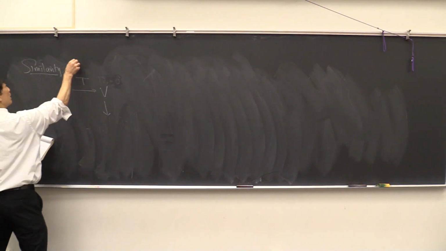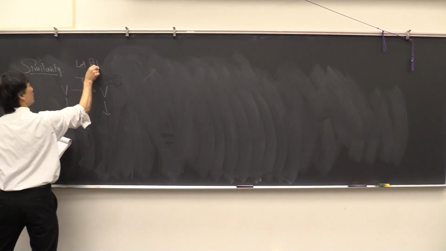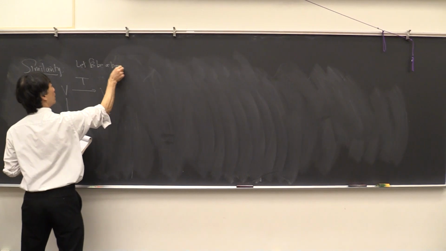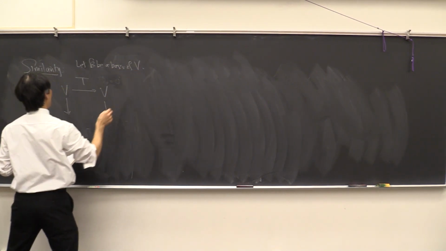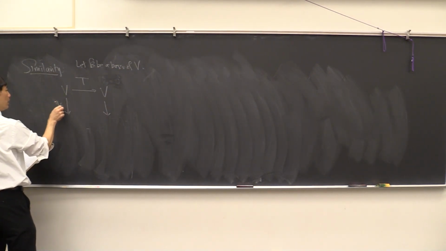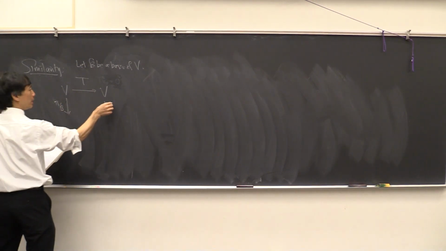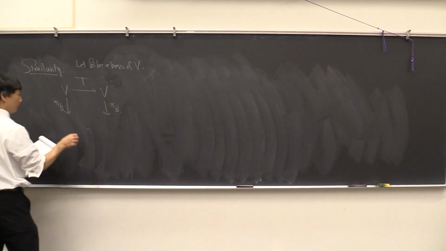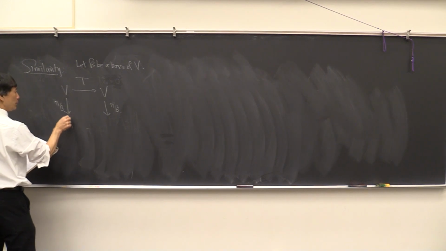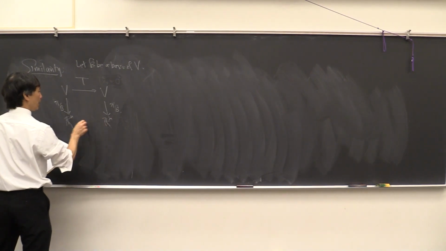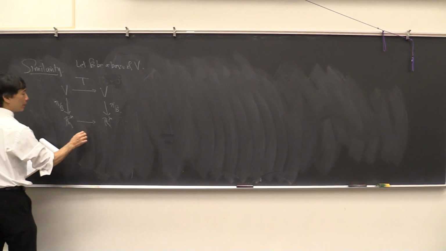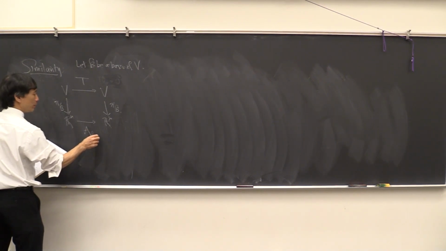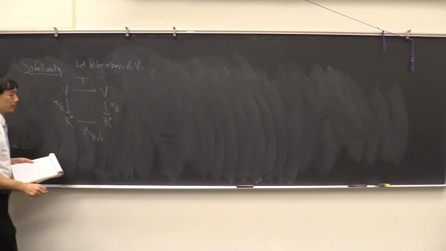So let B be a basis of V, right? And then we'll take the coordinate vector map with respect to B. We'll take the coordinate vector map with respect to B on that side also, right? And then we'll have a matrix representation which we'll call A sub B, B, say.